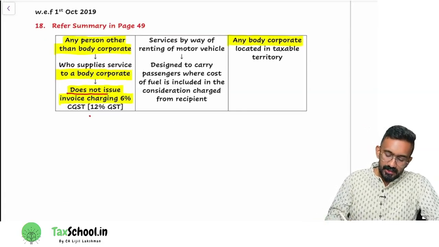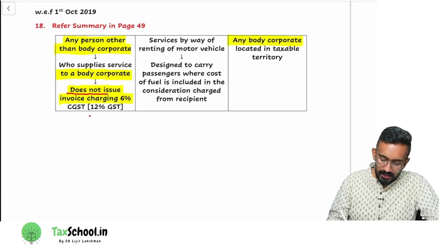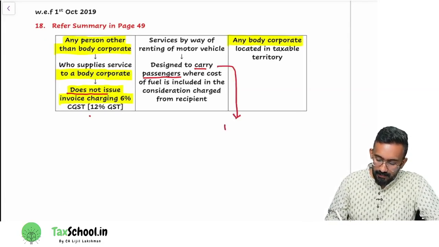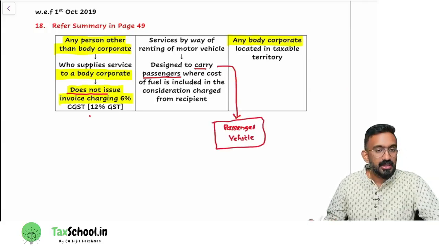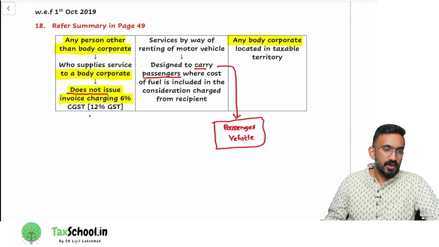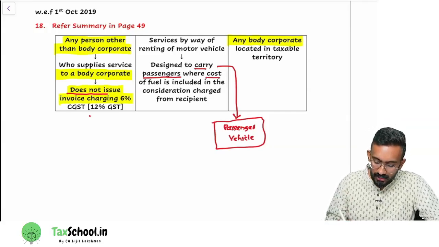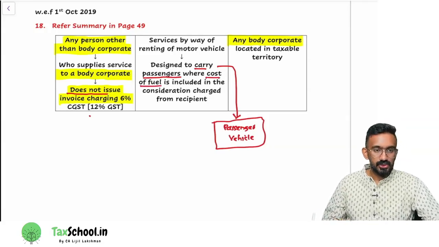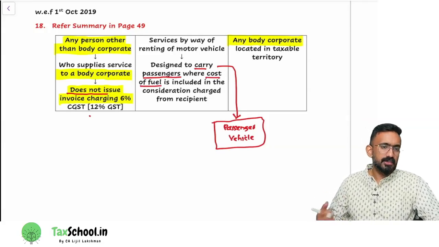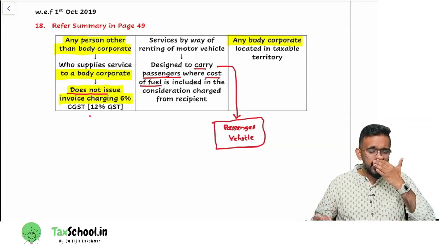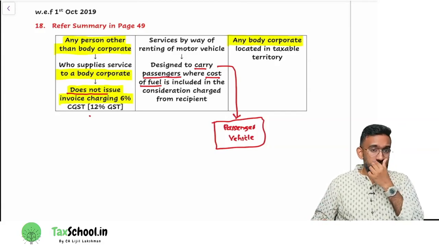Then services by way of renting of motor vehicle designed to carry passengers, which means what vehicle only will come here? Passenger vehicle only. If I'm renting a truck, will it come under this reverse charge? No, only a passenger vehicle, where the cost of fuel is also part of the consideration. A car is being given on rent, a bus is being given on rent, all of them would come under this because it is only passenger vehicle renting.